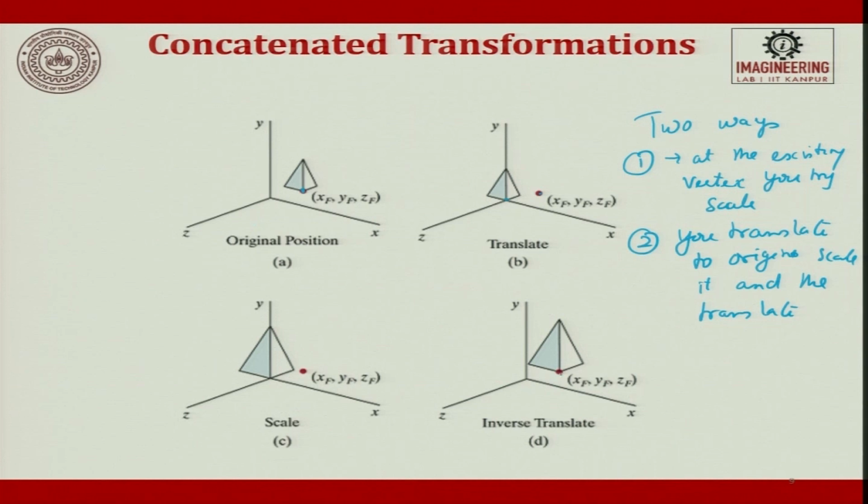When we do this, there are several steps which are followed. So, first is this point, then from this point you are moving to here, then you are trying to do scaling, and then you are trying to bring back, inverse translation, right.